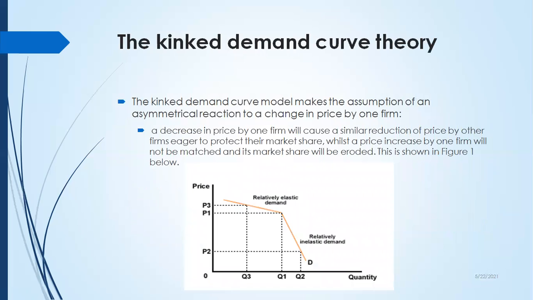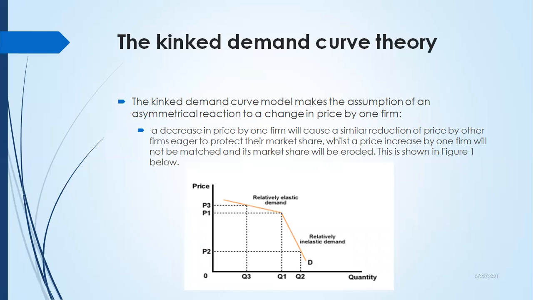The kinked demand curve theory. The kinked demand curve model makes the assumption of an asymmetrical reaction to a change in price by one firm. If one firm decreases the price, similar reductions of price will be made by other firms eager to protect their market share. But a price increase by one firm will not be matched, and its market share will be eroded.